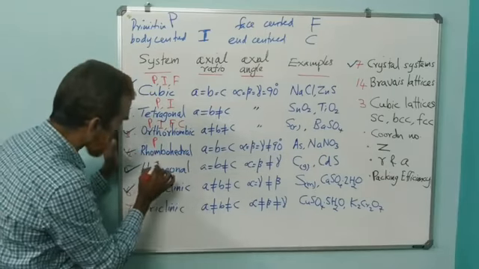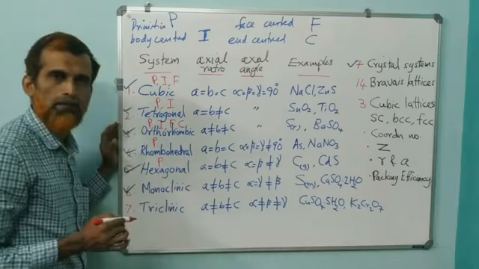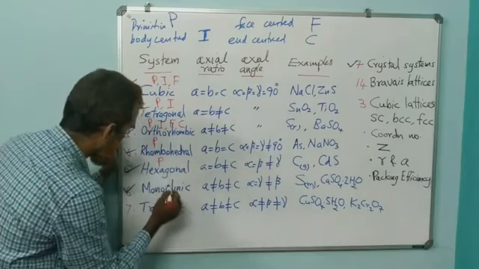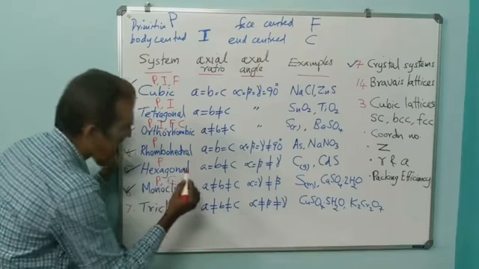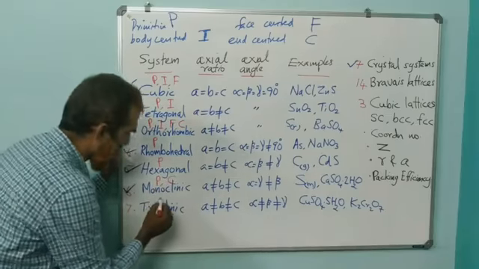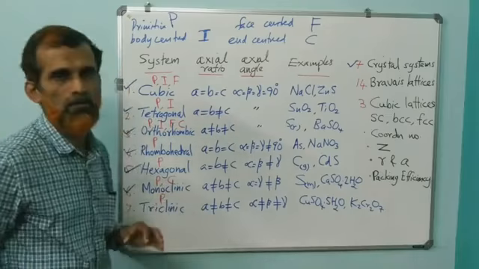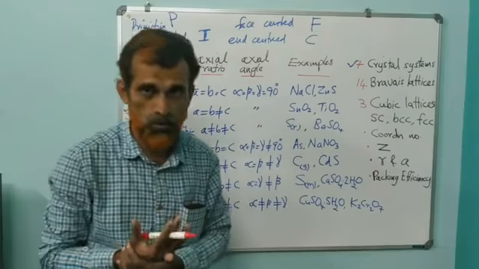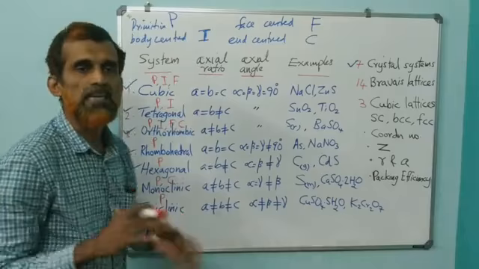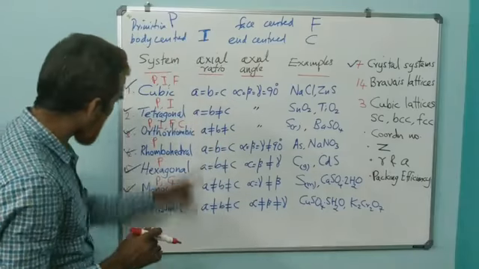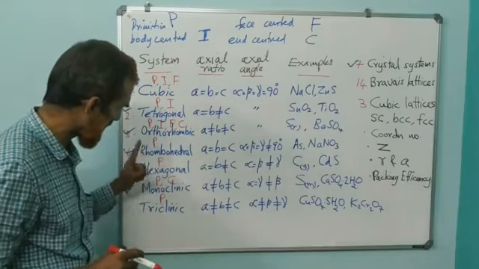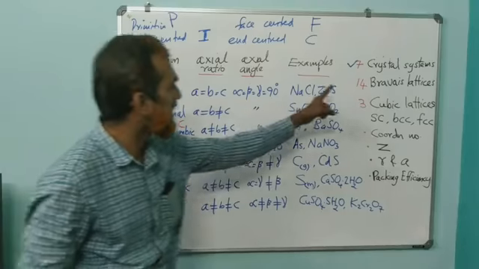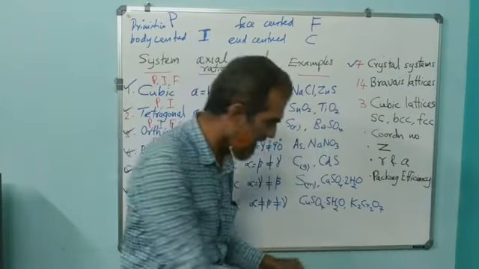Hexagonal also has only primitive. In monoclinic, there is primitive as well as end-centered. And in triclinic also there is only primitive. Primitive is possible for all, and the centered lattice is what varies. Now what is the total? 3 plus 2, 5 plus 4, 9, 10, 11, 12, 13, 14. That is how the 14 Bravais lattices come.